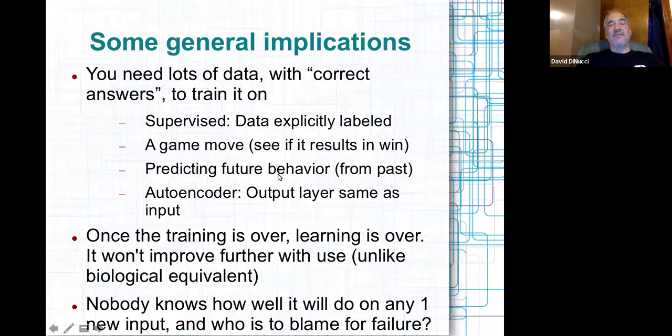Predicting future behavior from past. And this is the kind of thing that people are worried about with Facebook and Google, etc. They want to predict what you are going to do. If they can train a network to behave the way that you behave, then they can guess how you will behave when they put certain things on the screen, like certain advertisements, whether you will click on them or not.